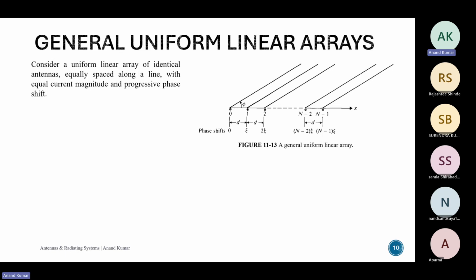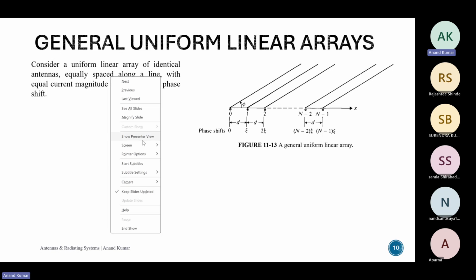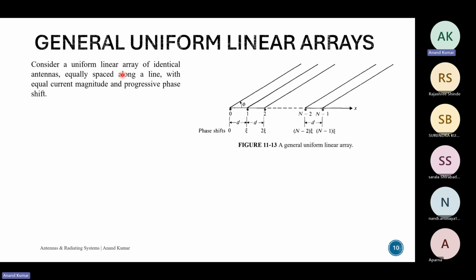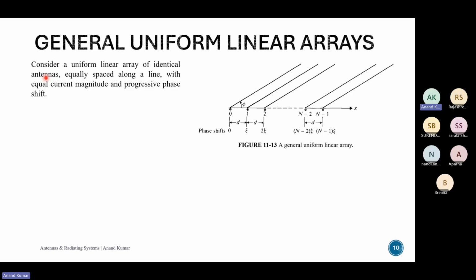In this case, we're considering a uniform linear array of identical antennas. It's important that we keep the identical antennas because the maths would become really complex if the different elements have different element factors. They are equally spaced along the line and with equal current magnitude.